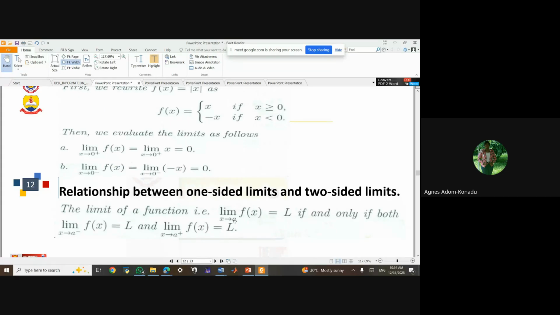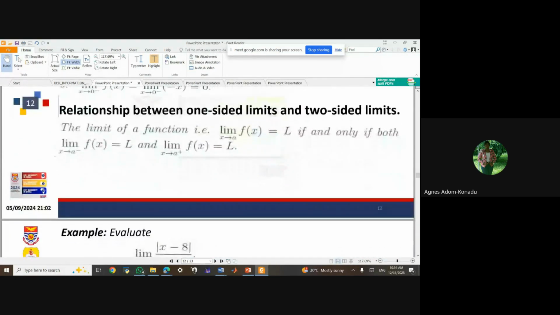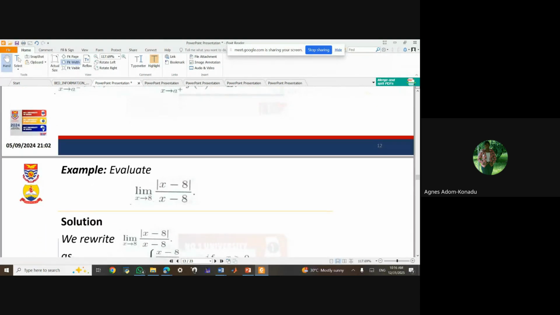Because for the limit to exist, both the right-hand and the left-hand limits should give me the same value. Then I can say that it exists at the given point. Okay, so that is it.